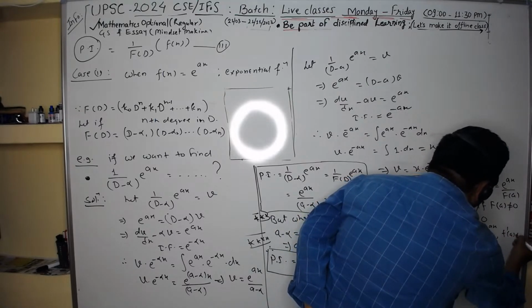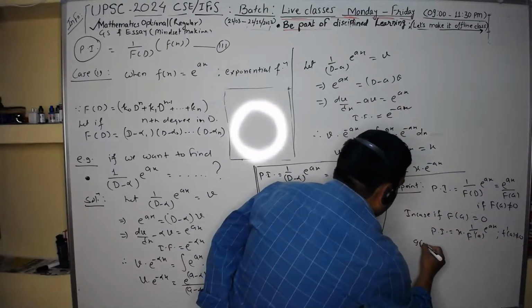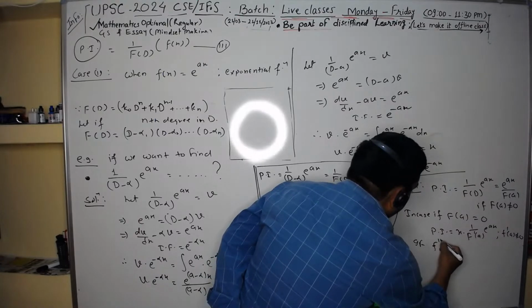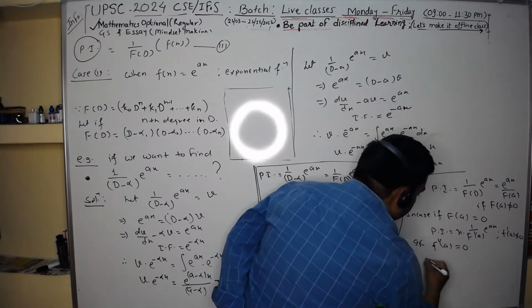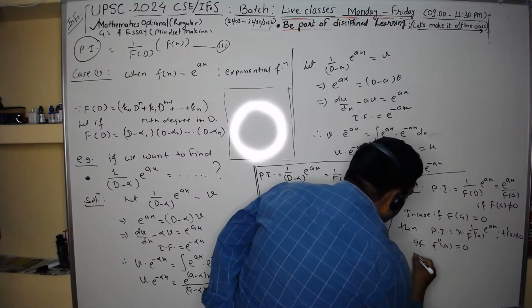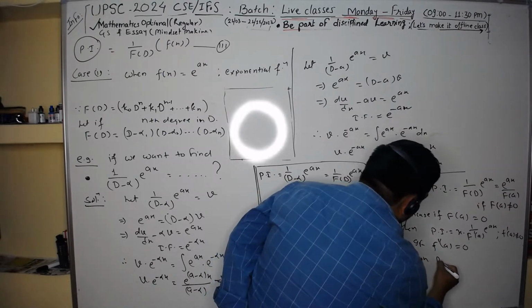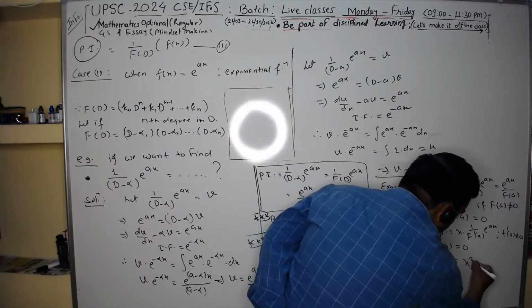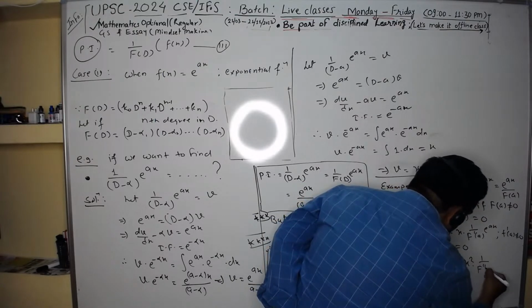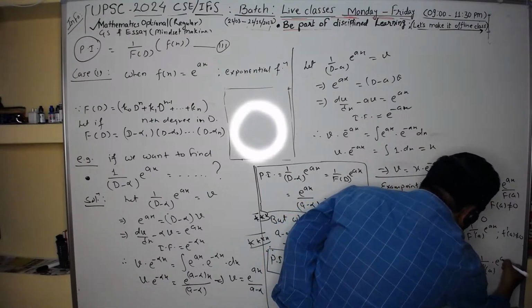Obviously f dash a is non-zero. If your f dash a also becomes zero, then PI will be x square into 1 upon f double dash a e raised to the power a x.